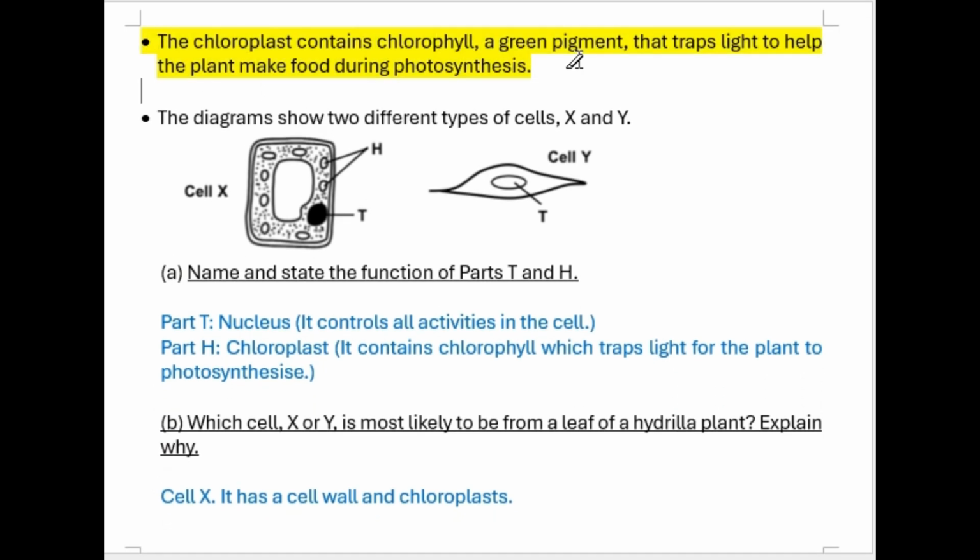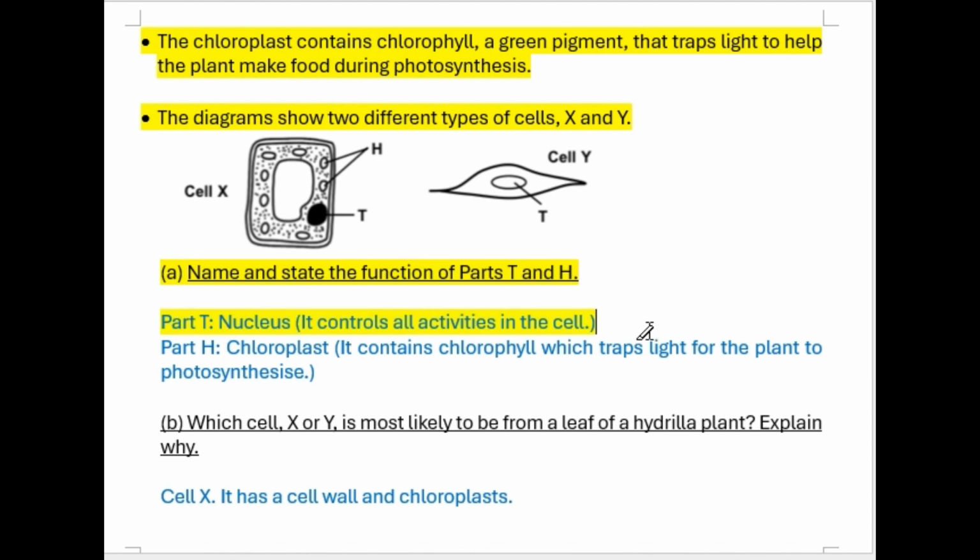The chloroplast contains chlorophyll, a green pigment that traps light to help the plant make food during photosynthesis. The diagrams show two different types of cells, X and Y. Name and state the function of parts T and H. Part T, nucleus.